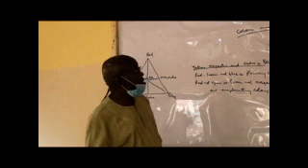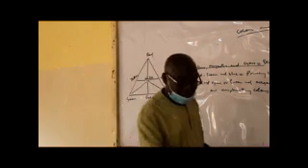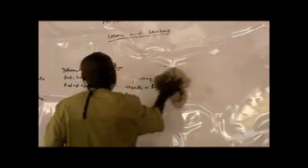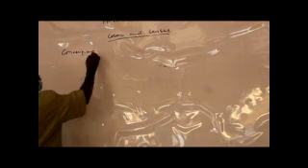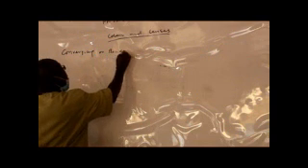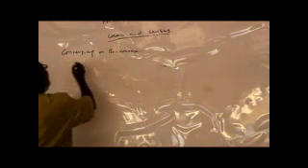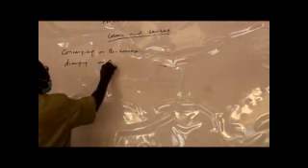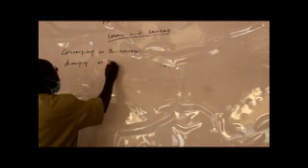Lenses have two types: convex or convergent, biconvex, and concave or divergent, biconcave.